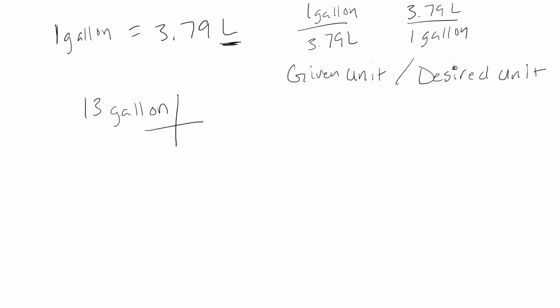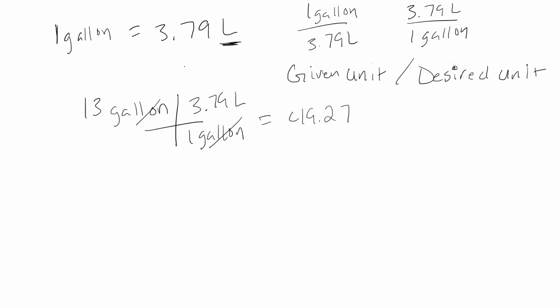In this instance, we have gallon at the top. Remember, anytime we're trying to figure out the desired value, whatever is given needs to cross out. So we have 3.79 liters over 1 gallon, and 1 gallon knocks this out. 13 times 3.79 is 49.27.